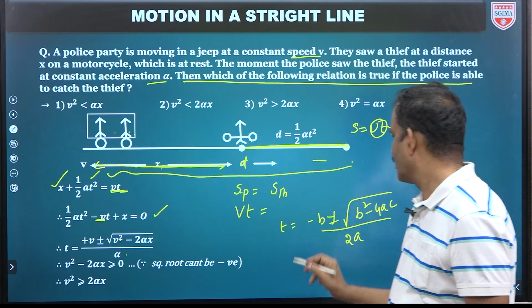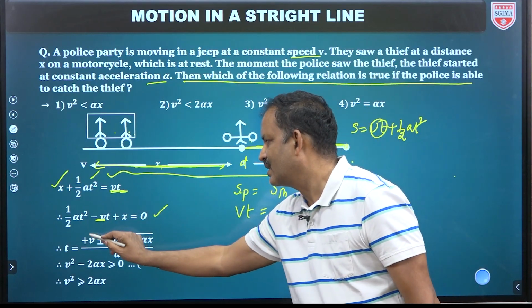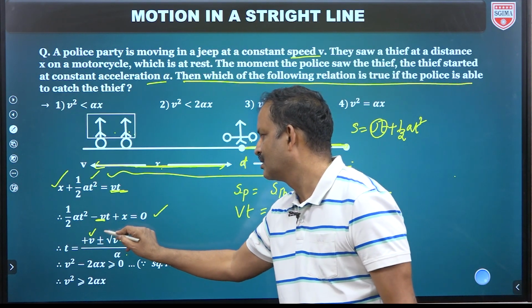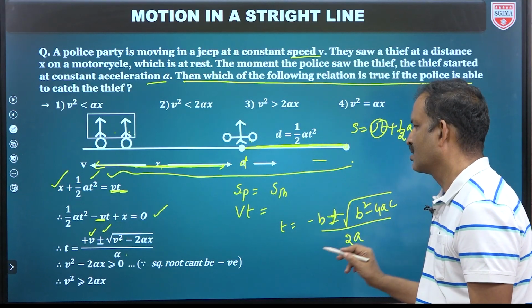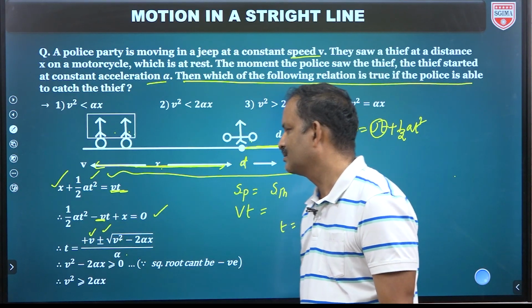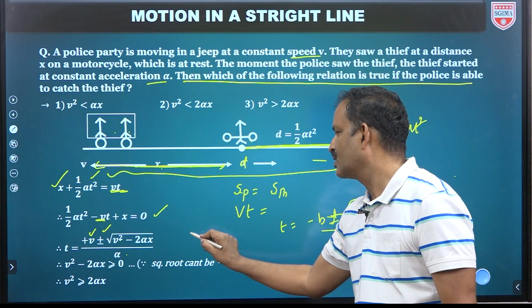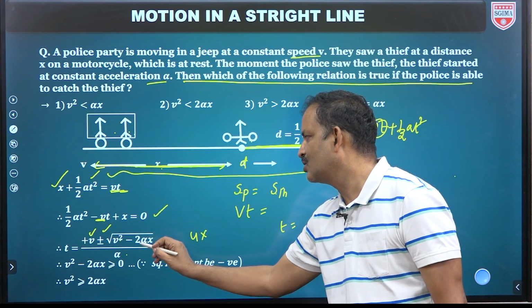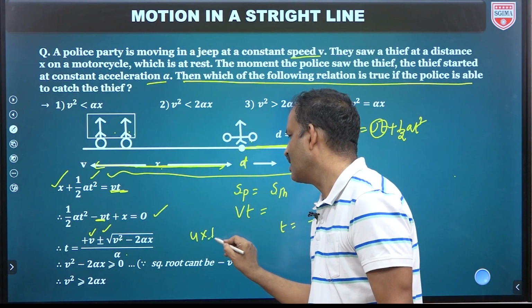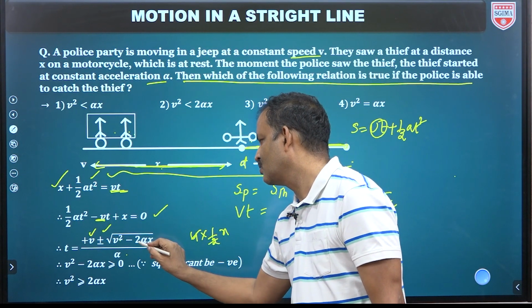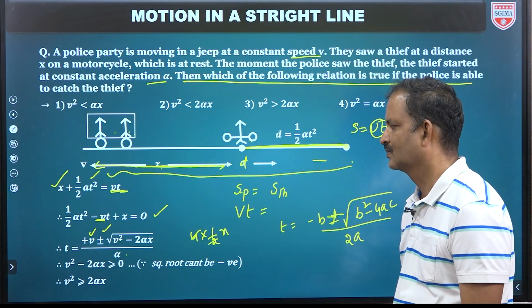So, minus b means plus v, plus or minus root of b square, which is v whole square, minus 4ac. Here a value is half alpha, c value is x. So, 4ac is equal to 2 alpha x.